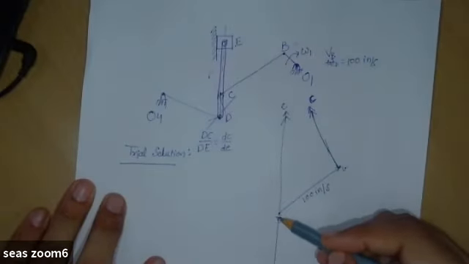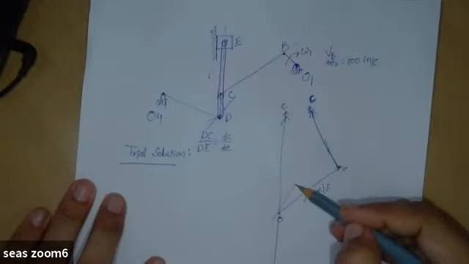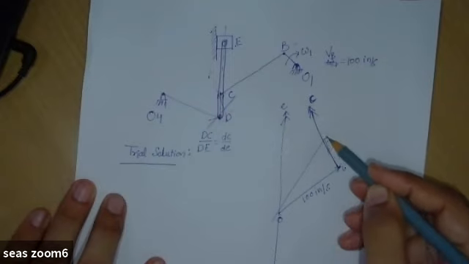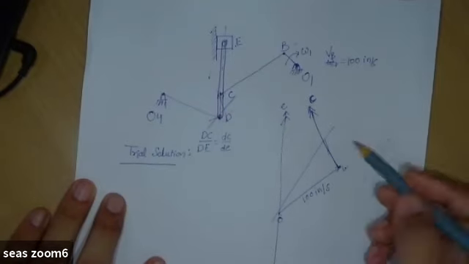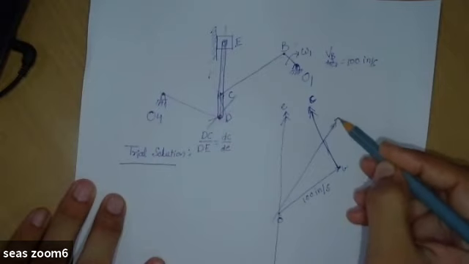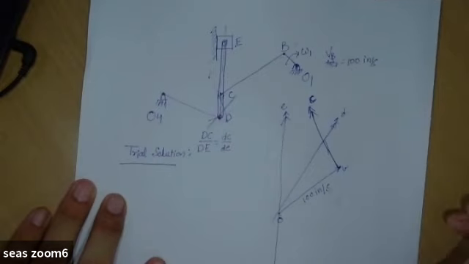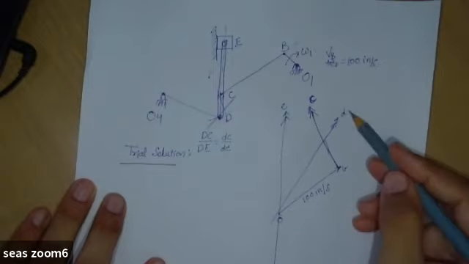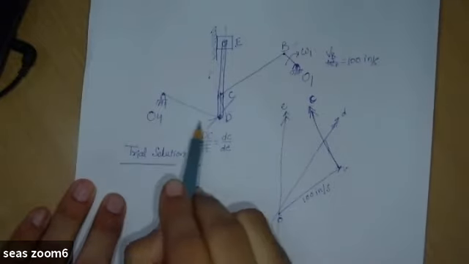So again I can draw a perpendicular like this. Correct. It is again a trial vector. And this line is perpendicular to O4D.